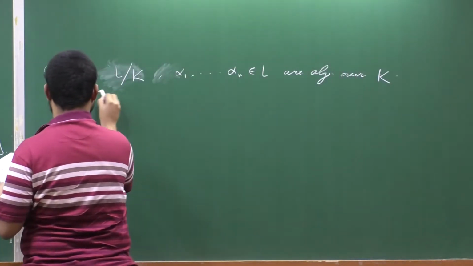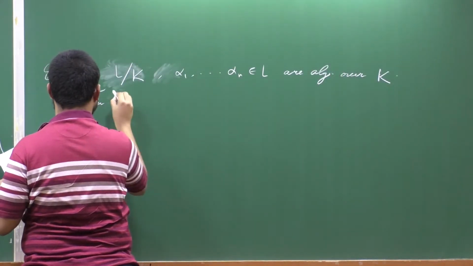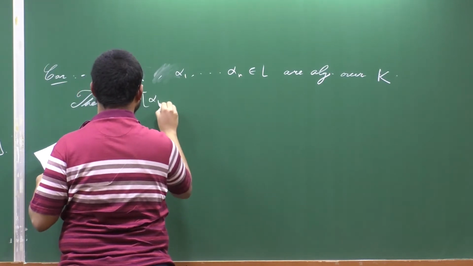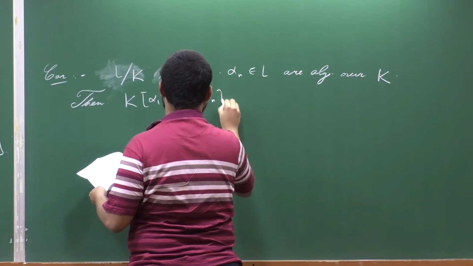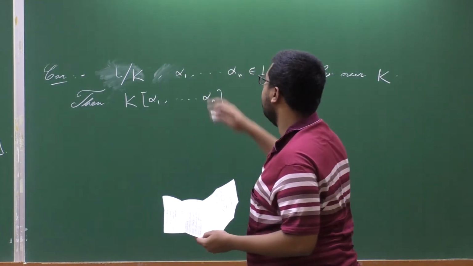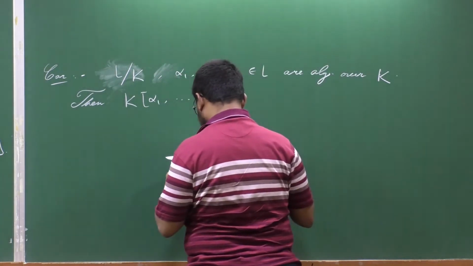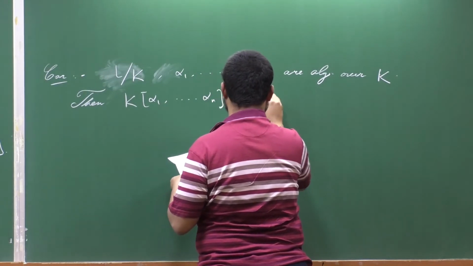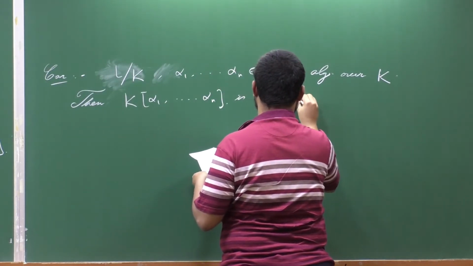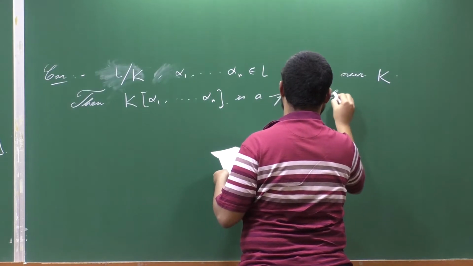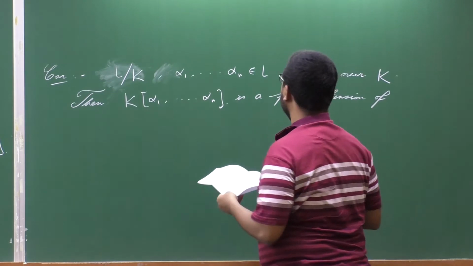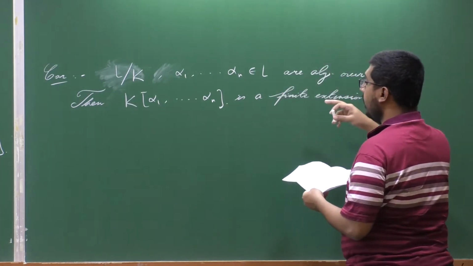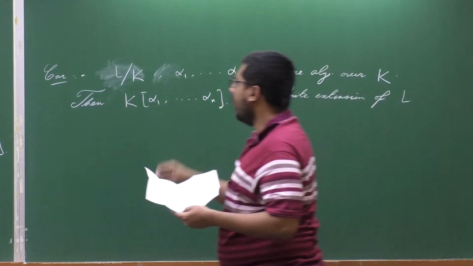Then k adjoined alpha 1 up to alpha n, the smallest subfield of L that contains both k and these elements, is a finite extension of k. So how do we prove this?